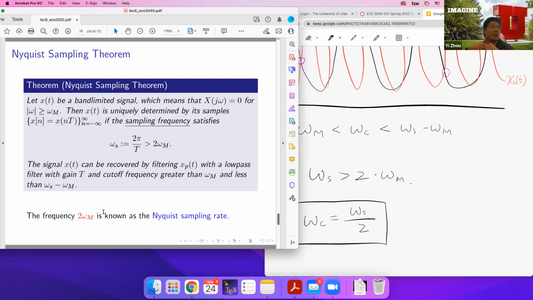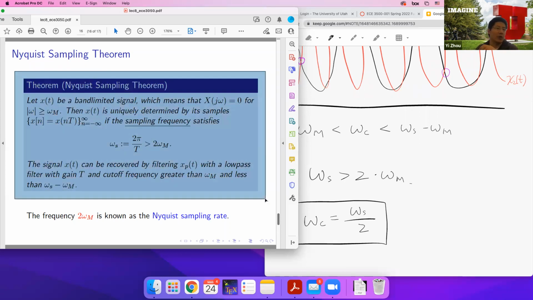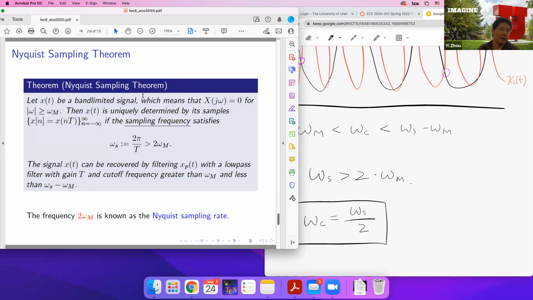So by leveraging the sparsity, in the reconstruction process we can design other algorithms to reconstruct the signal. Leveraging this structure can sometimes require only very few samples of the original signal. Here, Nyquist sampling is one of the many popular sampling schemes that we look at in the signal processing area.